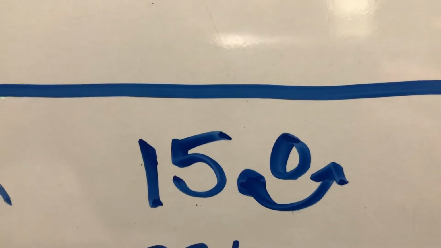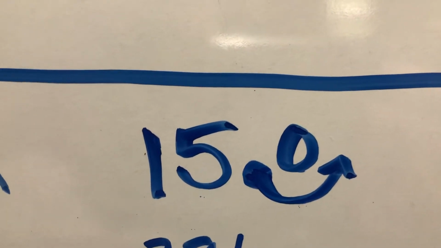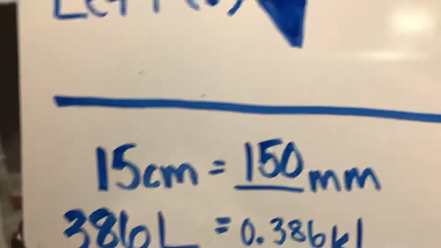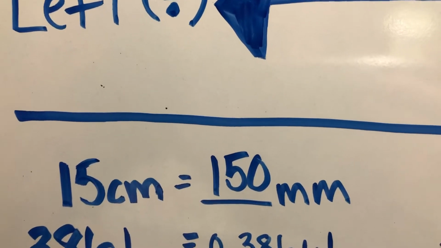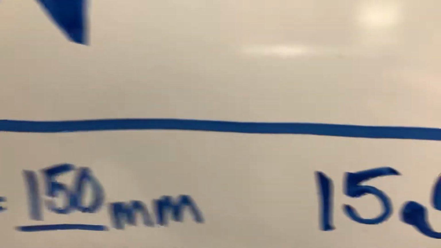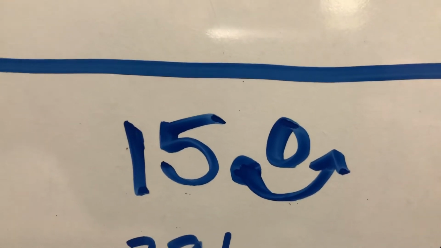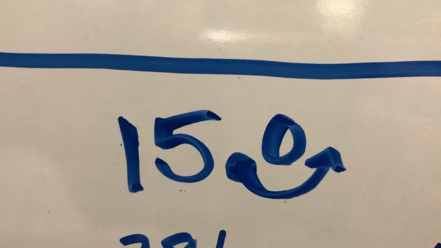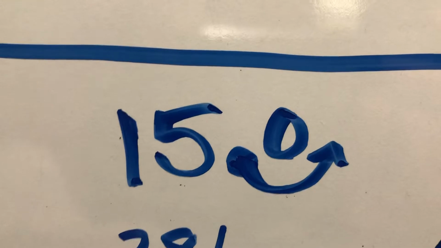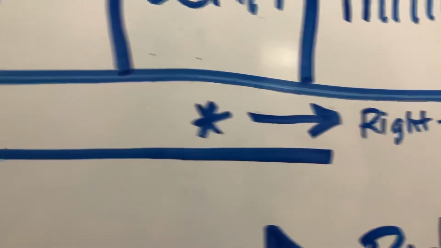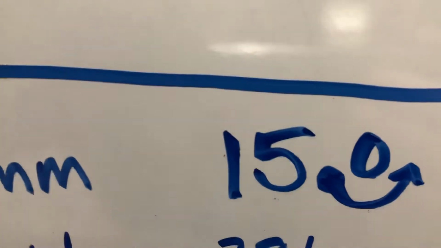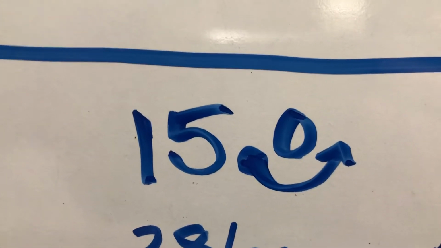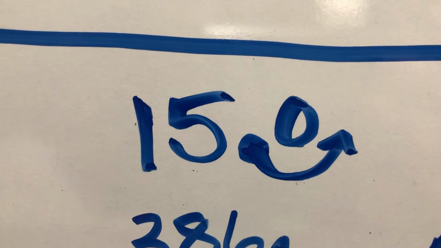There's my 15. Now, if 15 doesn't show a decimal place, we assume that it's after the 5, that the 5 is in the ones place and the decimal goes after. So watch. I wrote 15 and I put a decimal. And then I moved to the right 1 time. And now my new decimal goes there.